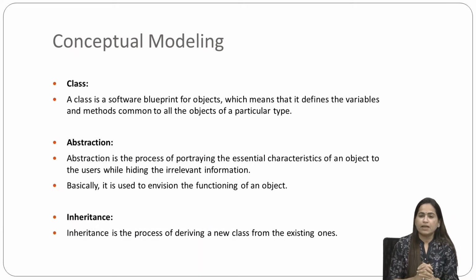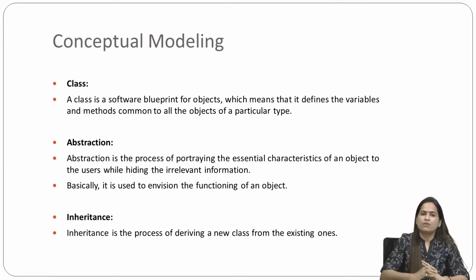Then after that we have class. As we have seen, it is object oriented analysis and design, so it will have all the concepts of an object oriented language. In that we have object, class, then abstraction, inheritance. Each and everything you can have in this UML language. Now let us see class. What do you mean by class?